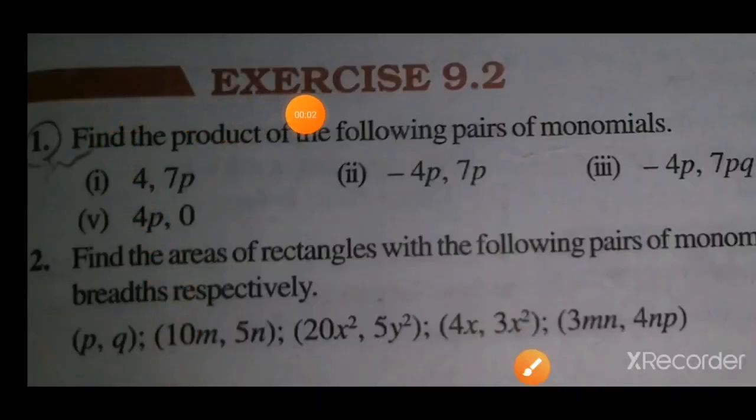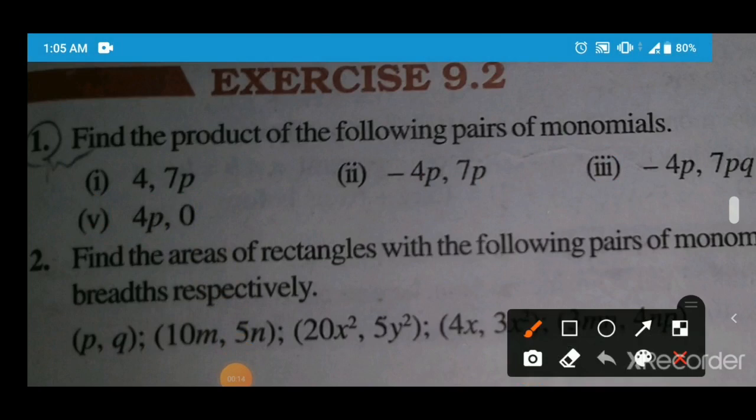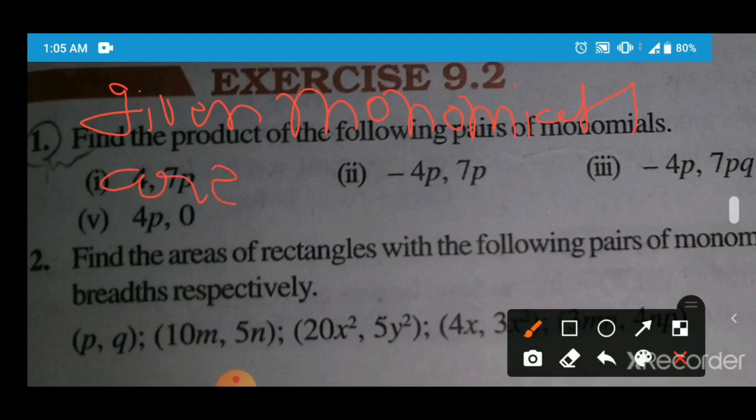Today we are going to start exercise 9.2 question number 1. Find the product of the following pairs of monomials. Part 1: 4 and 7p. So first we write what is given. Given monomials are 4 and 7p.